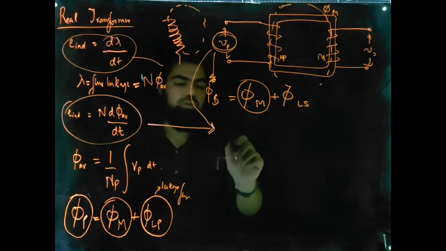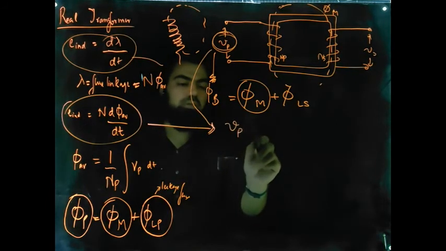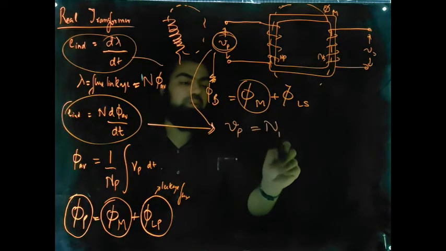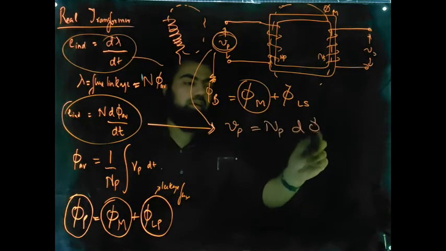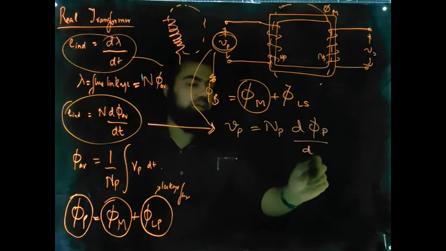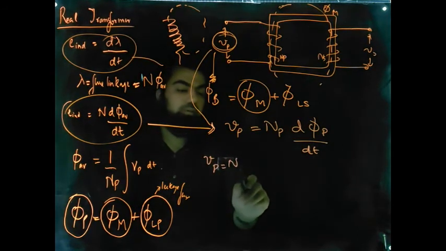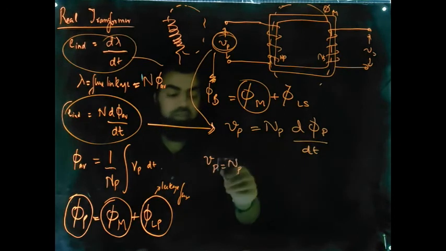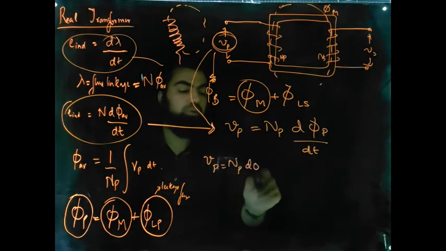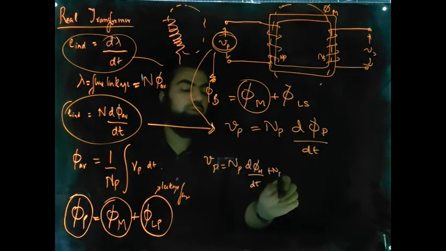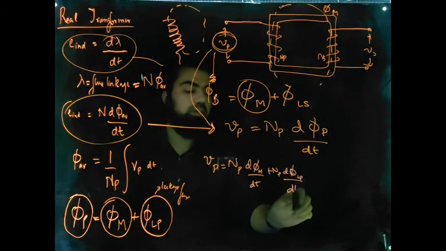Using these two equations, we can say Vp is equal to Np d phi p by dt, but since d phi p is divided into two components, this will be equal to Np d phi m by dt plus Np d phi lp by dt.